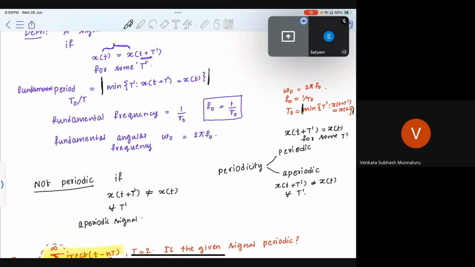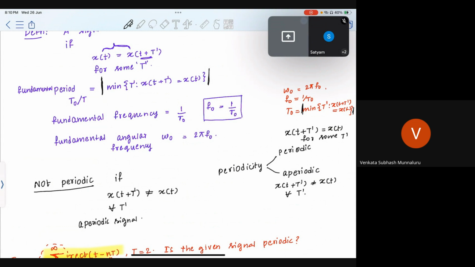The fundamental period is the minimum T prime for which x of t plus T prime equals x of t. We usually represent it by T naught, or by capital T.